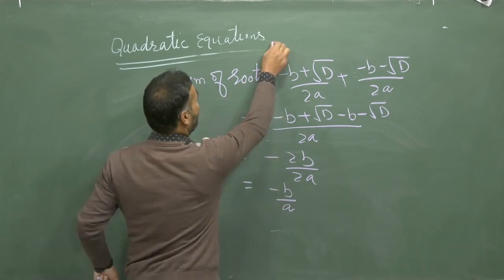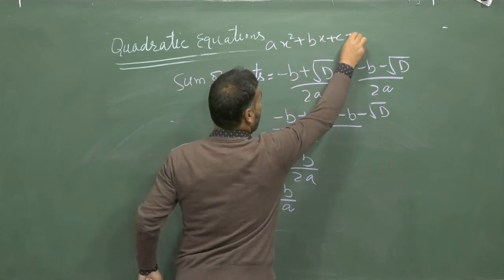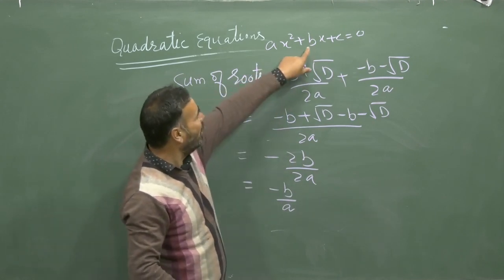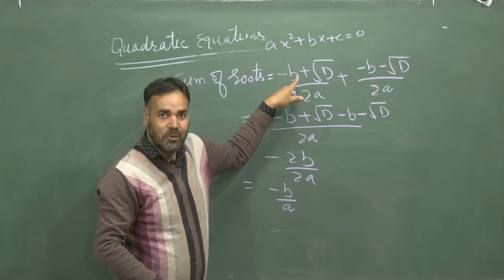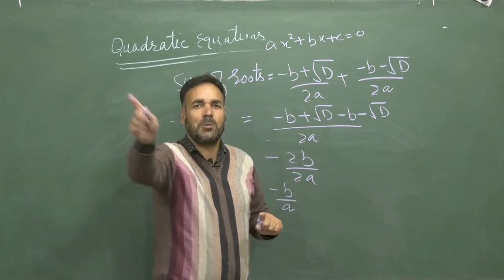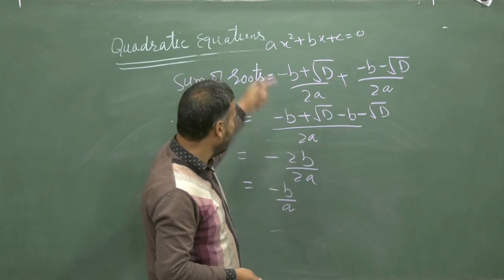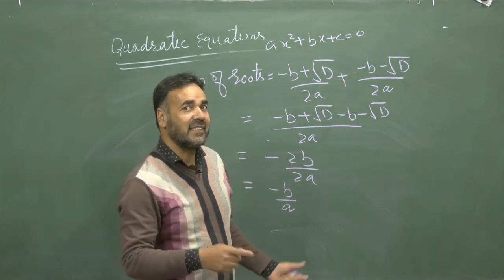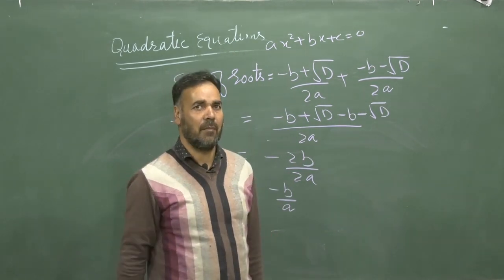If the general form is ax square plus bx plus c is equal to 0, then the sum of roots is again negative of coefficient of x divided by coefficient of x square. Here we have proved that it is definitely equal to minus b divided by a, that is the sum of the zeros. Or in a quadratic equation, we can say it is the sum of roots.